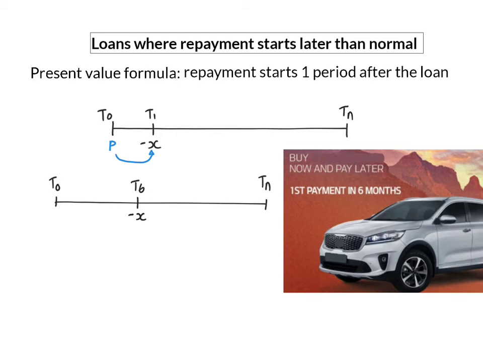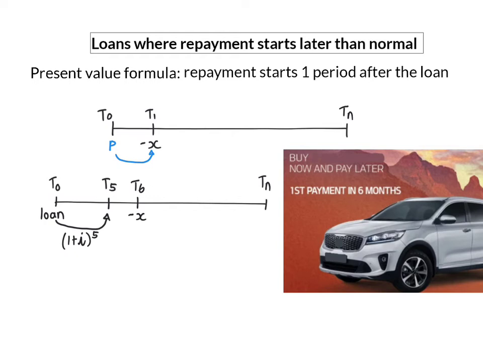But what they do not tell you is that even though you do not need to start paying, they are going to start charging you interest on the loan. So for the first 5 months, before you start paying on the 6th month, there will be interest added to your account. So for the first 5 months, it's as if there's one amount that receives interest for 5 months.